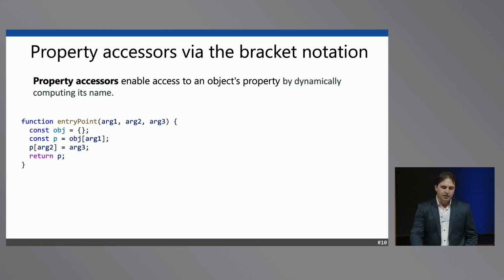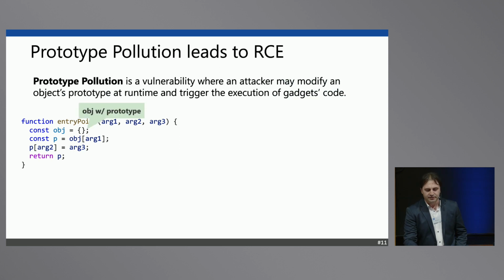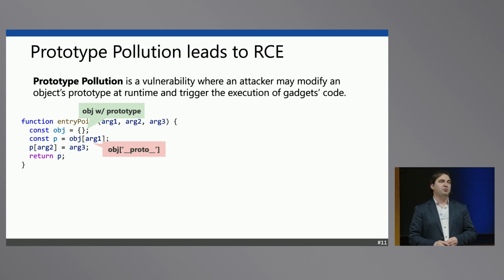Okay? So what's happening here is that we're creating this empty object. So this is our running example here. And then we are trying to access some property of this object. So what happens if I instantiate this property to this funny keyword prototype? Okay? So what happens is that I can now control the creation of new properties at my wish, basically.